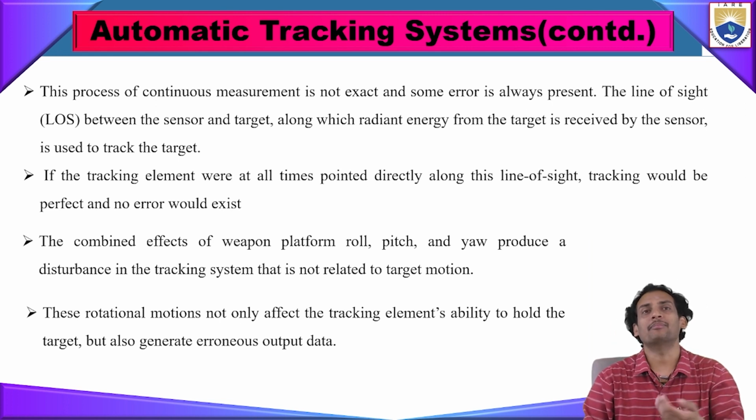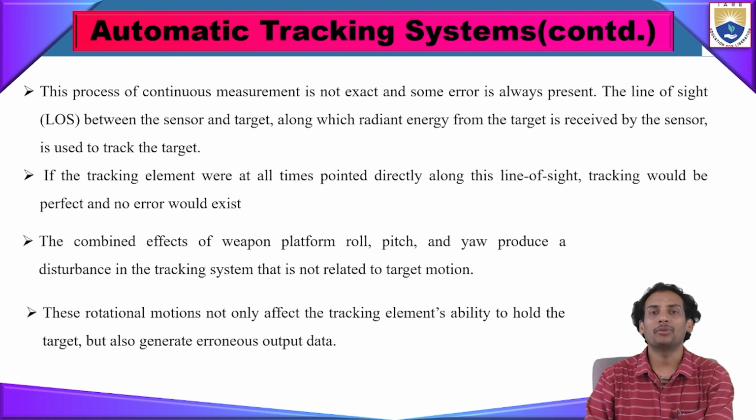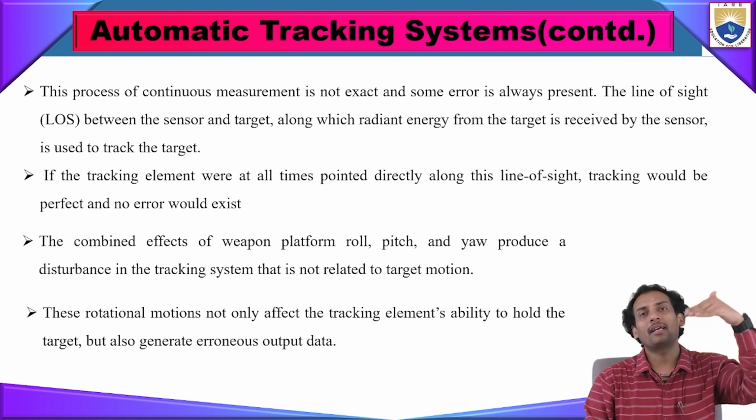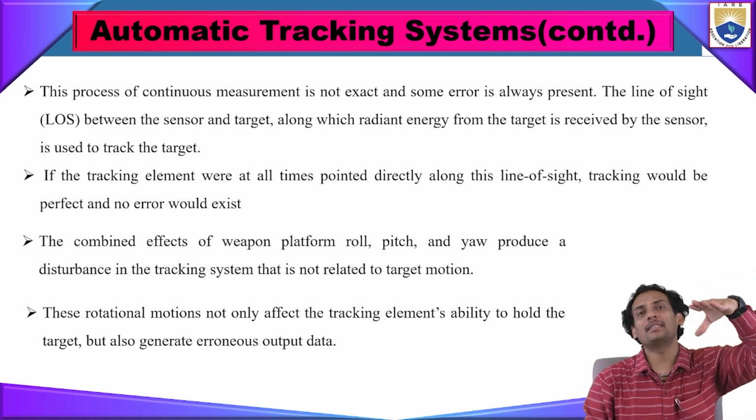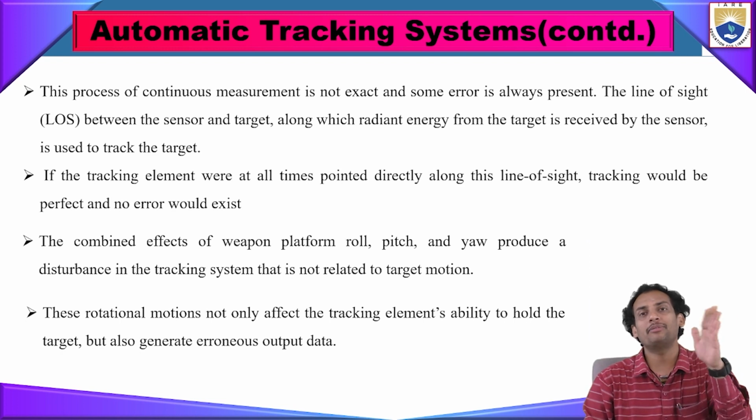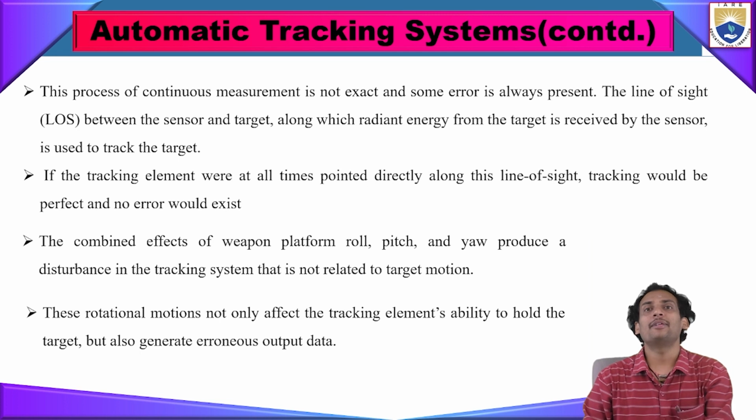The combined effect of weapon platform roll, like the roll, pitch, or yaw movements we give the missile, will produce a disturbance to the tracking system. Whenever we are tracking the missile and it has in-between motions like pitching or yawing, it will be a big problem for tracking that missile.